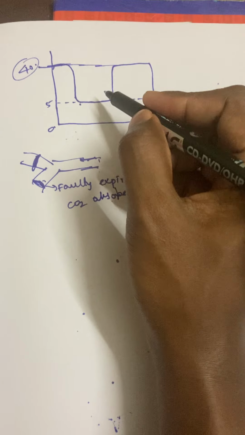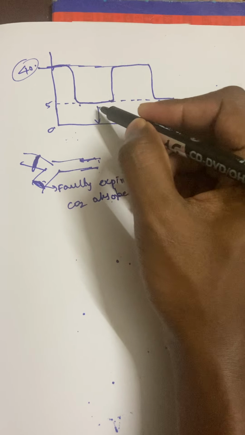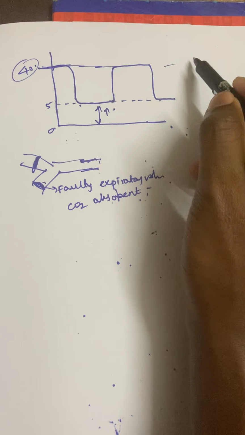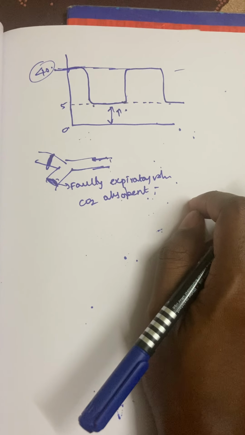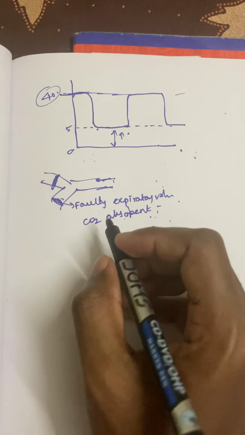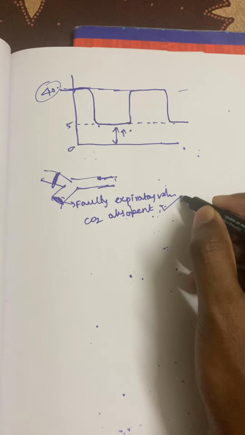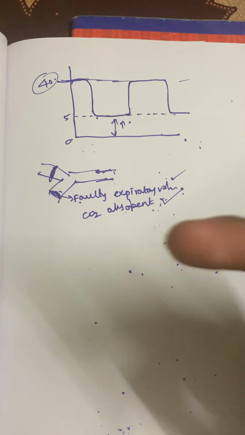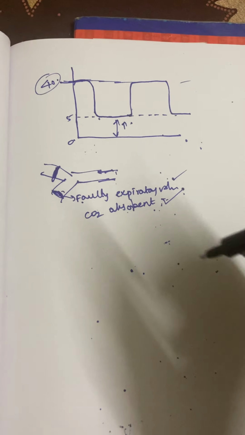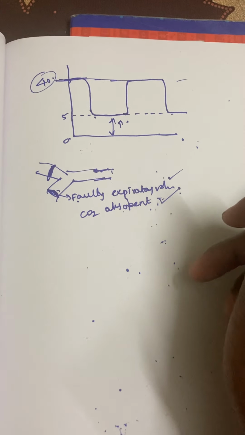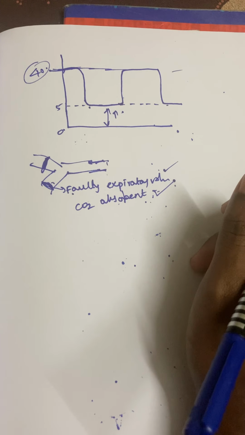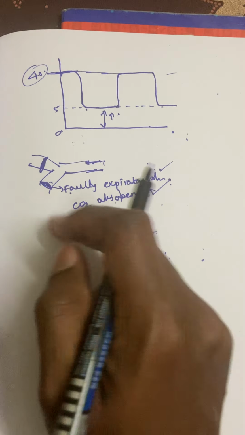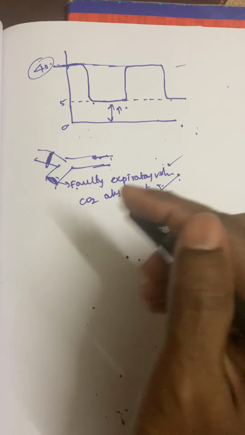When you see an EtCO2 waveform where the baseline is elevated and the EtCO2 is at a higher range, then you have to suspect that either the CO2 absorbent is getting exhausted, or there may be a faulty expiratory valve. Because of that, the gases are not going out; they come back to the inspiratory limb and get added to the next breath when the patient is taking it. This is the faulty expiratory valve.